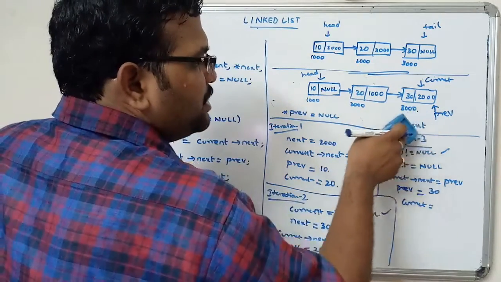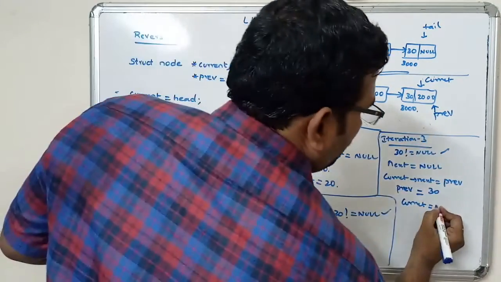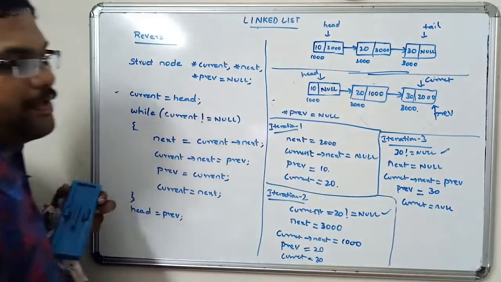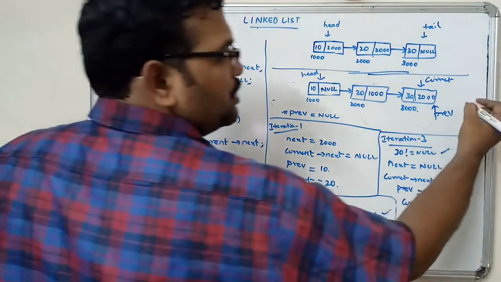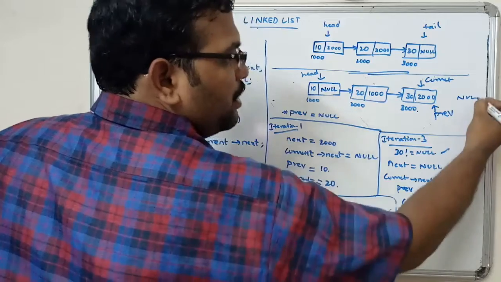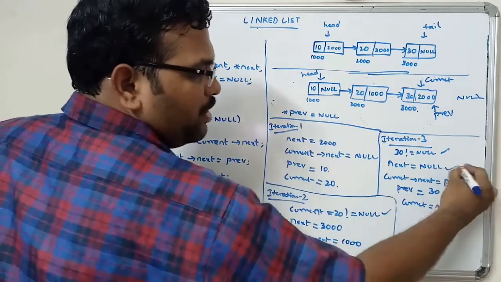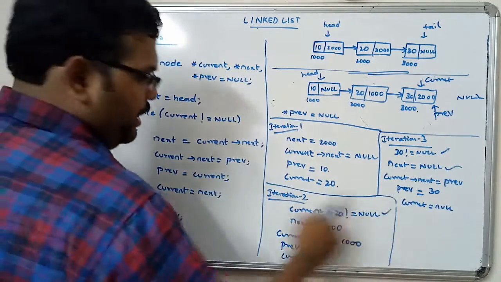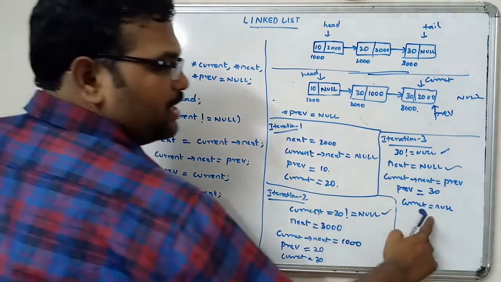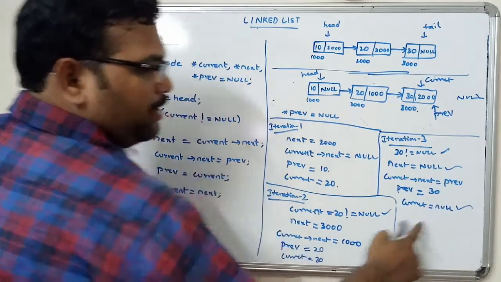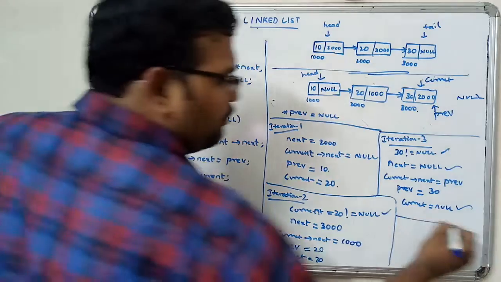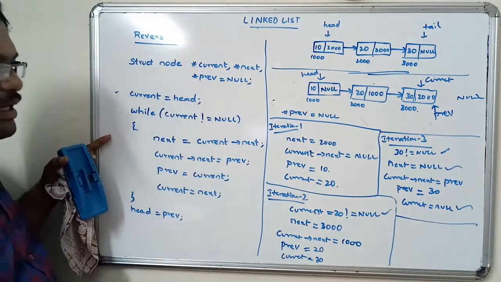So here we can replace this next with null. Current is equal to next means current is equal to null. So this is the end of the third iteration.